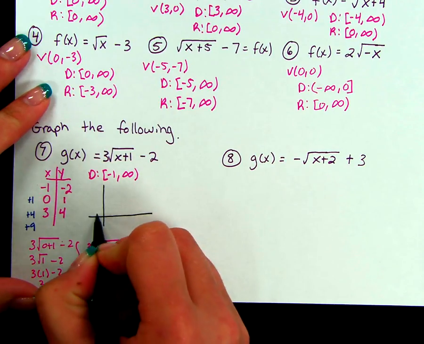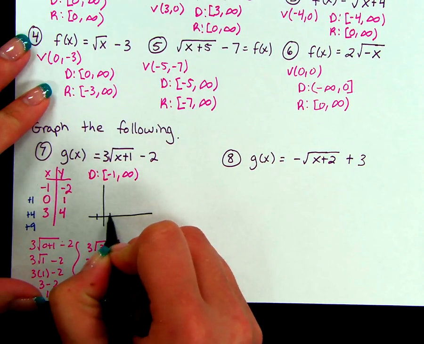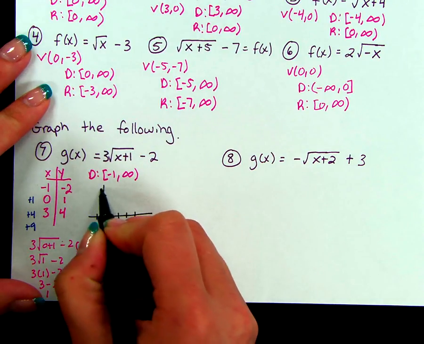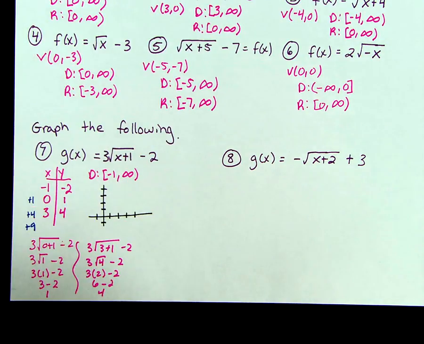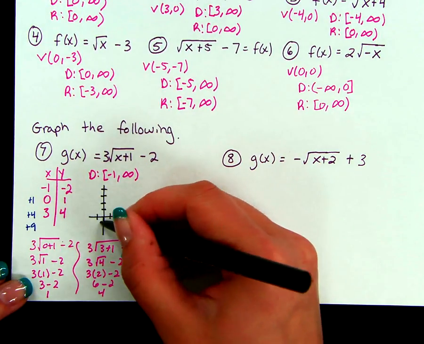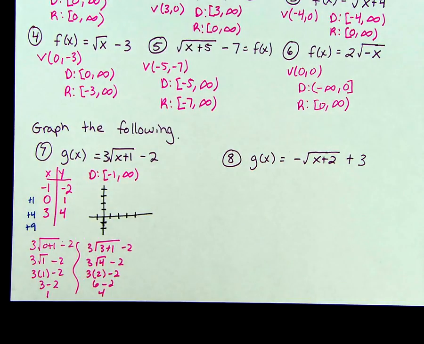So again, if you have graph paper, I would graph this on graph paper. All right, so first point, we are going to go left 1. Oops, I gotta make my y's a little bit bigger here. So left 1 down 2.